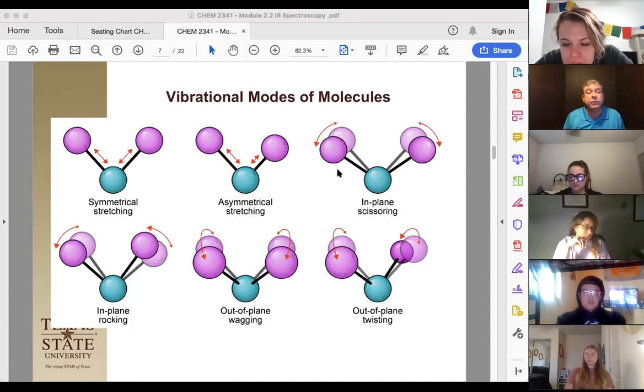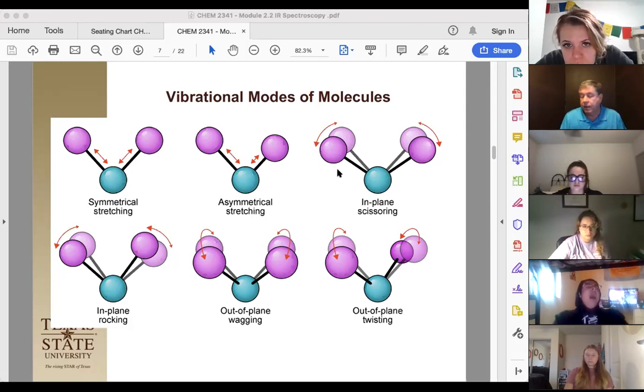And so there's a bunch of different ways we can do it. We can have things where they're stretching symmetrically, like the first one. And then if one's going out and one's going in at the same time, then that would be an asymmetric stretch. All these different kinds of motions right here have different energies, and they show up in different parts of the spectrum.